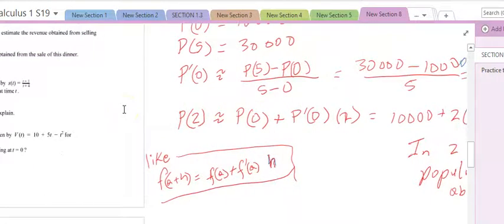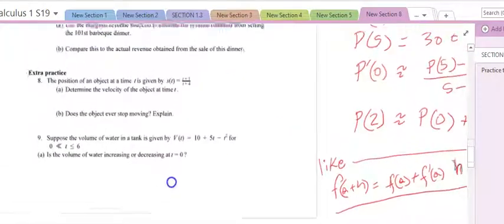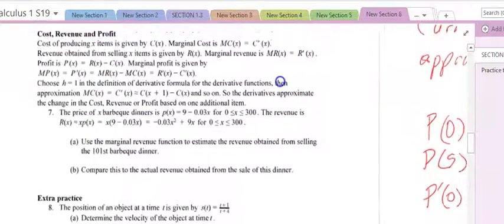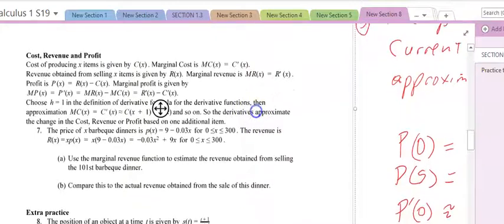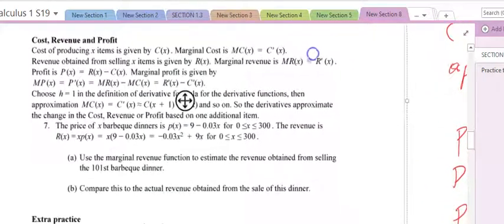In addition to using our work for change and estimation for population, we can also use it for revenue, profit, and cost functions or approximations.